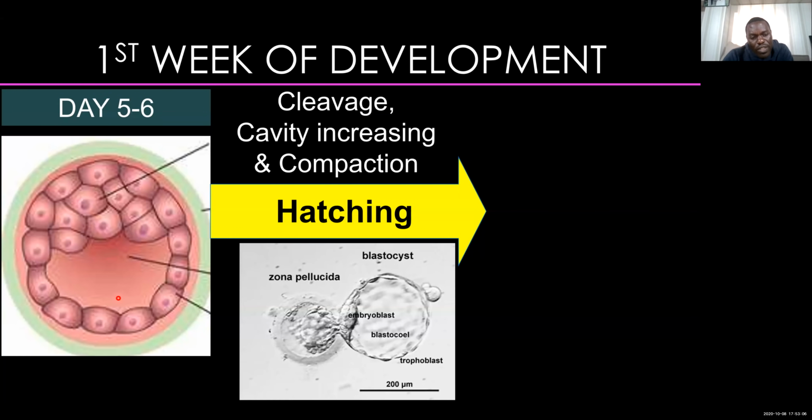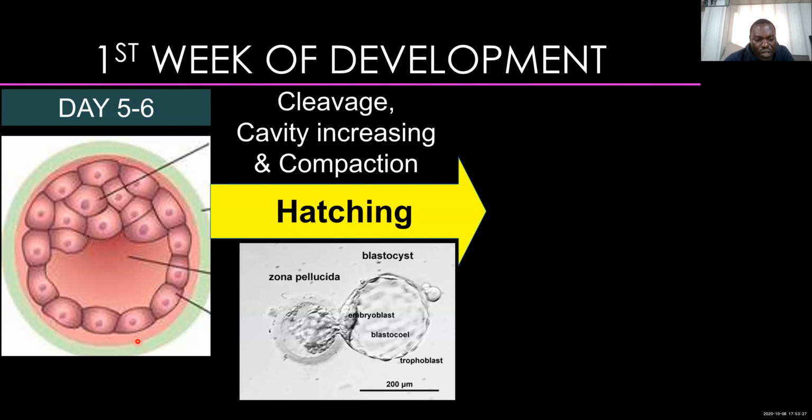And when the zona pellucida gives way, I want you to look here. This is where the zona pellucida gives way. This region of the zona pellucida that's next to the cavity is the one that gives way.